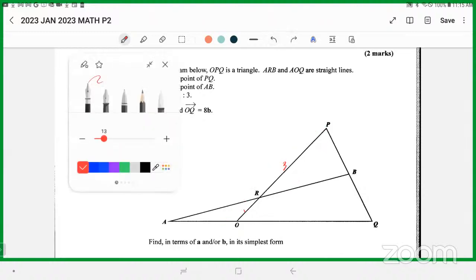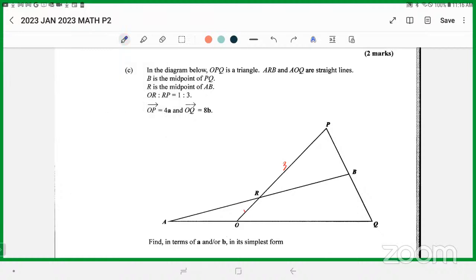What we are deducing from this ratio is 2 things: that OR is 1/4 of OP, and that RP is 3/4 of OP.